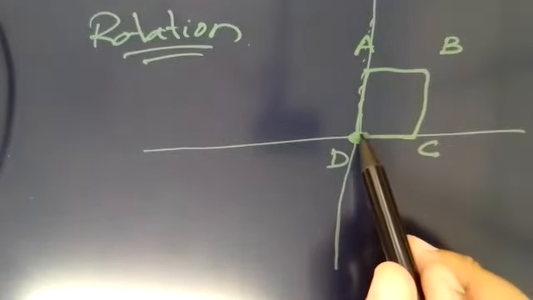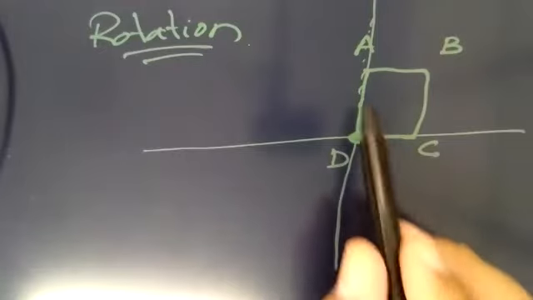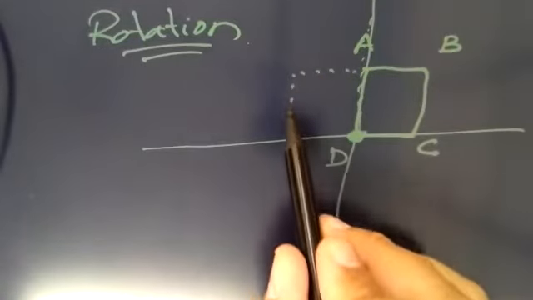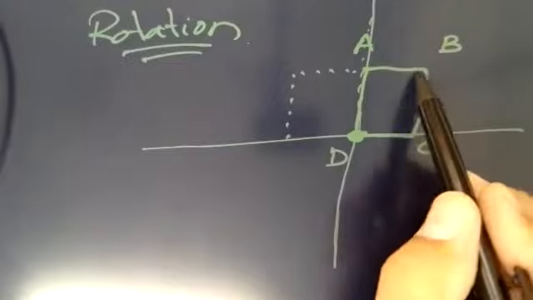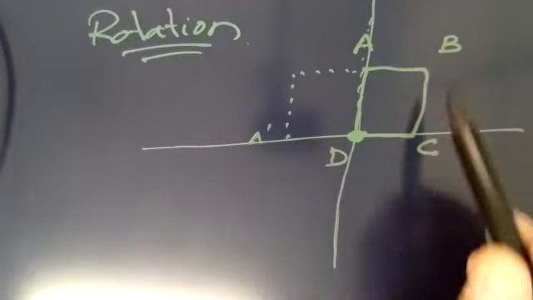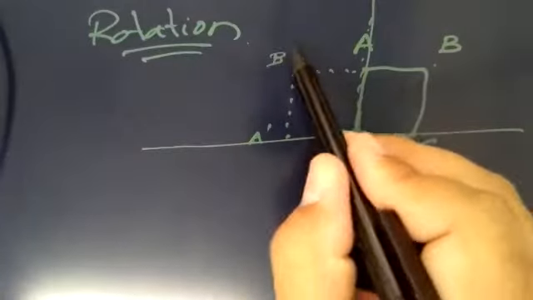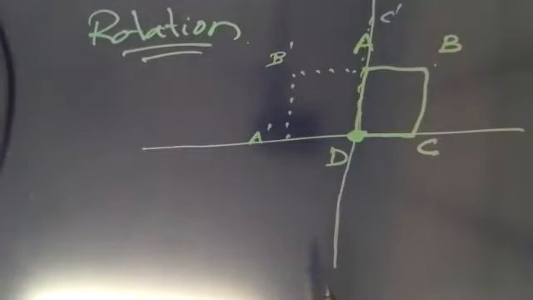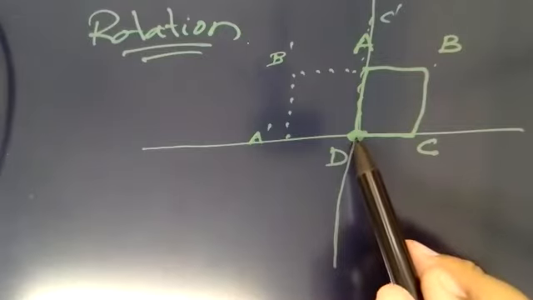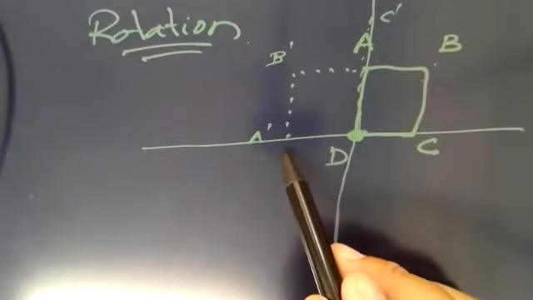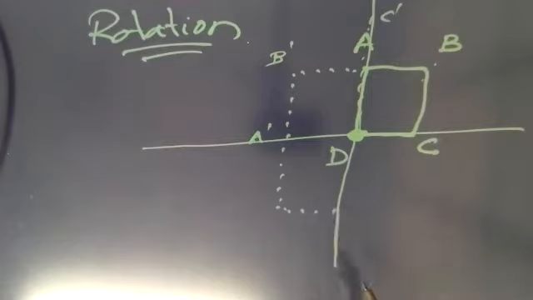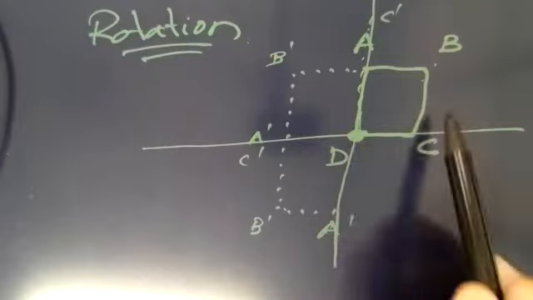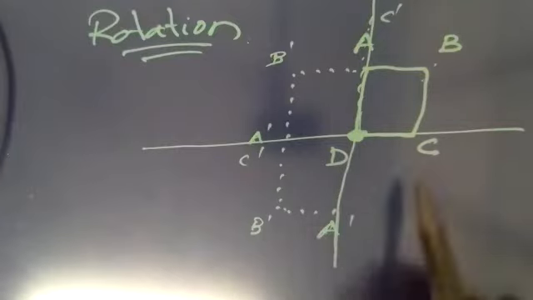If it's rotated 90 degrees, then A will be here, B will be here, and C will be here. If I tell you to rotate it 180 degrees, then this object will be here, where A will be here, B prime will be here, and C will be here. So if it's rotated on one of the vertices, this is what you get as you rotate.